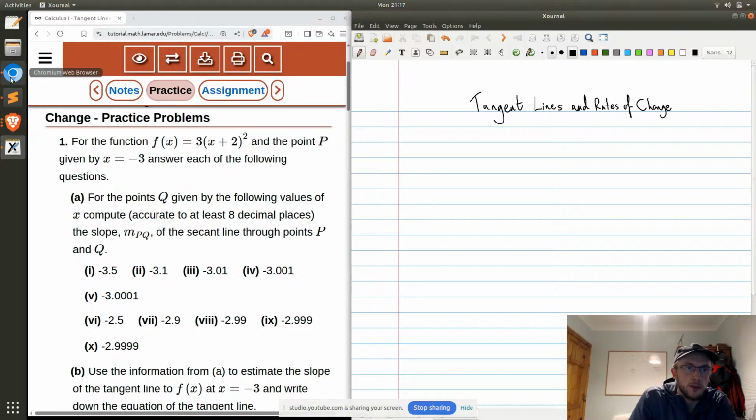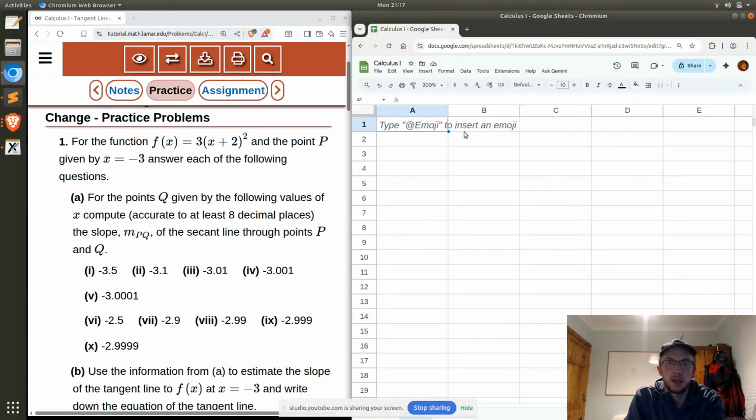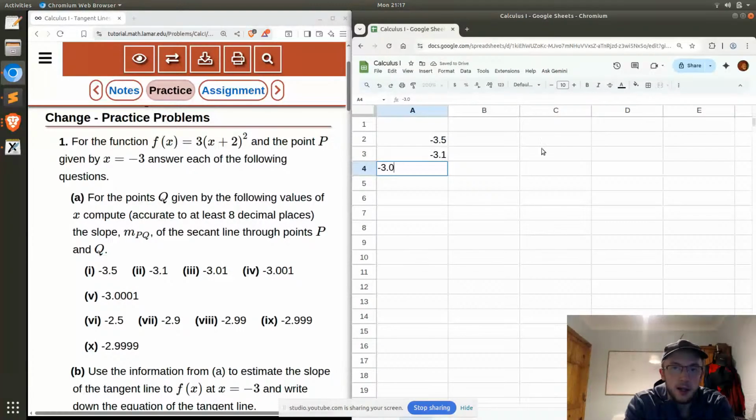Okay, so here's how I'm going to do that. I'm not going to use a hand calculator, and I'm not going to type it out because that would take way too long, and I learn absolutely nothing from doing that. Instead, I'm going to use spreadsheet software. And yes, I could use an LLM and just do it all instantaneously.